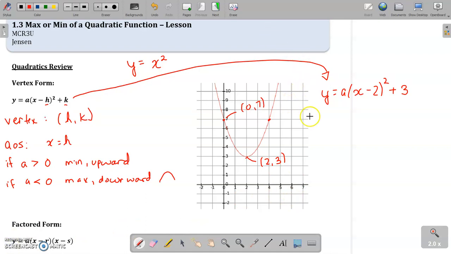So now in order to solve for a, I'm going to substitute this in for the x and the y value. So your y is 7. Then we have 0 minus 2 squared plus 3. So 7 equals a times, and then minus 2 squared is 4, plus 3. Subtract 3 from both sides.